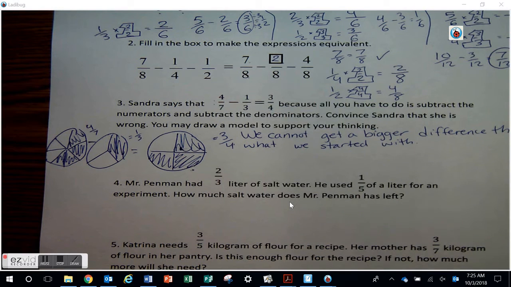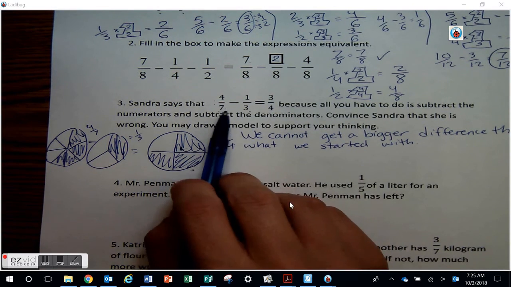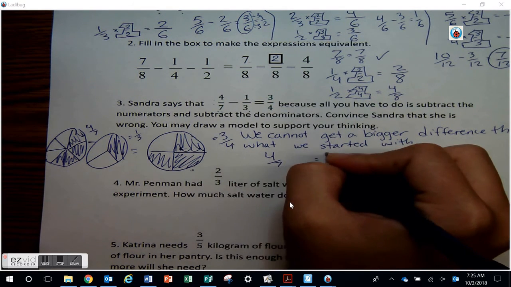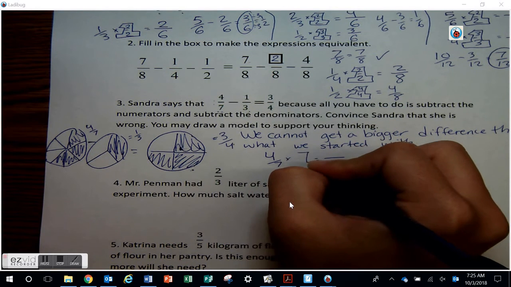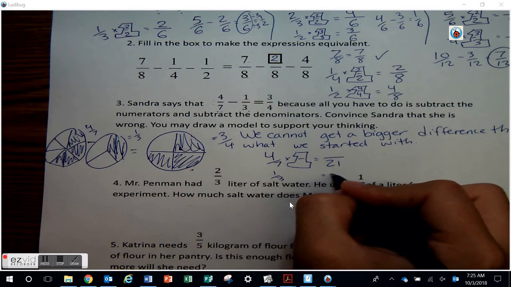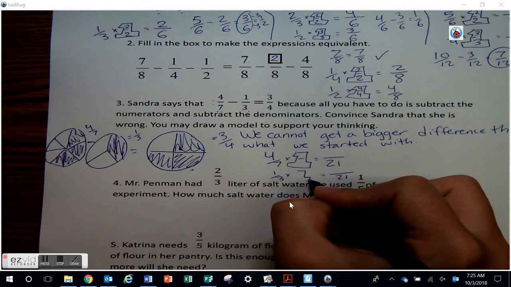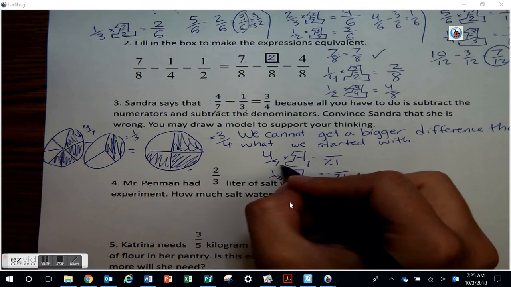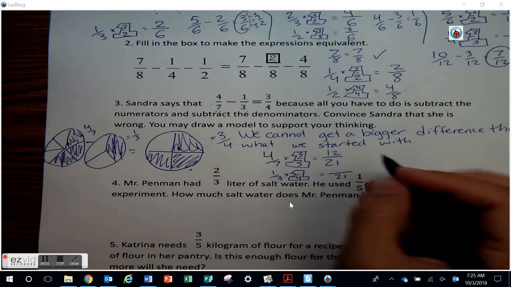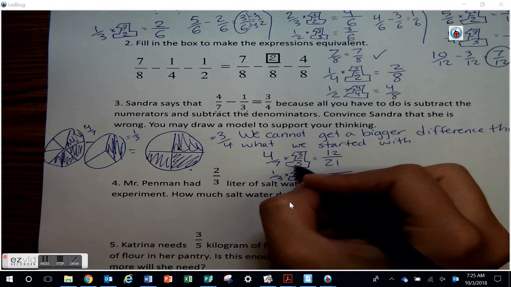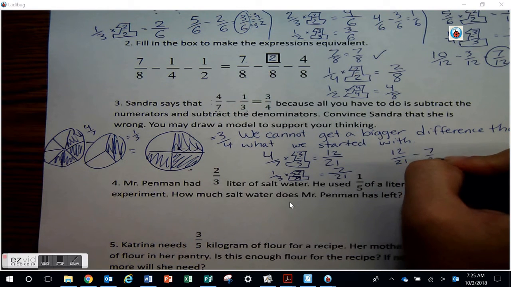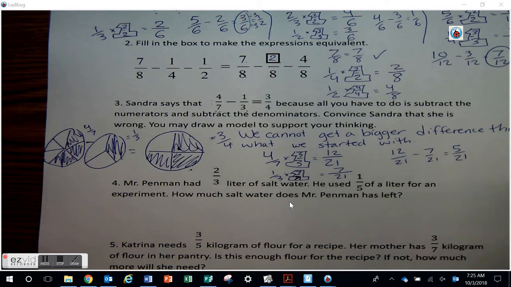Okay, the correct way to do this, I would just multiply these and get a common denominator of 21. So we'll do 4/7 to equal a denominator of 21, my giant one. And we'll do 1/3 to get a denominator of 21. 7 times 3 is 21, 4 times 3 is 12, 3 times 7 is 21, 1 times 7 is 7. 12 21sts minus 7 21sts gives me 5 21sts.